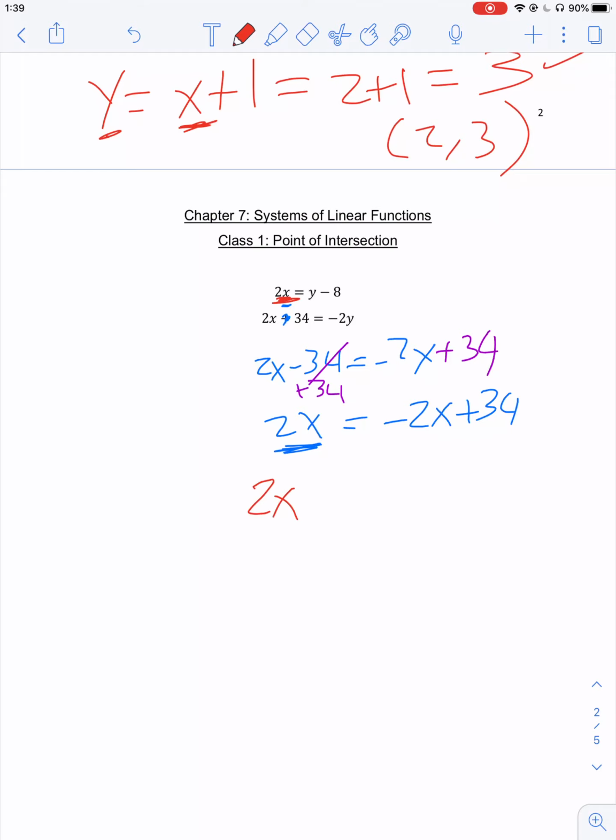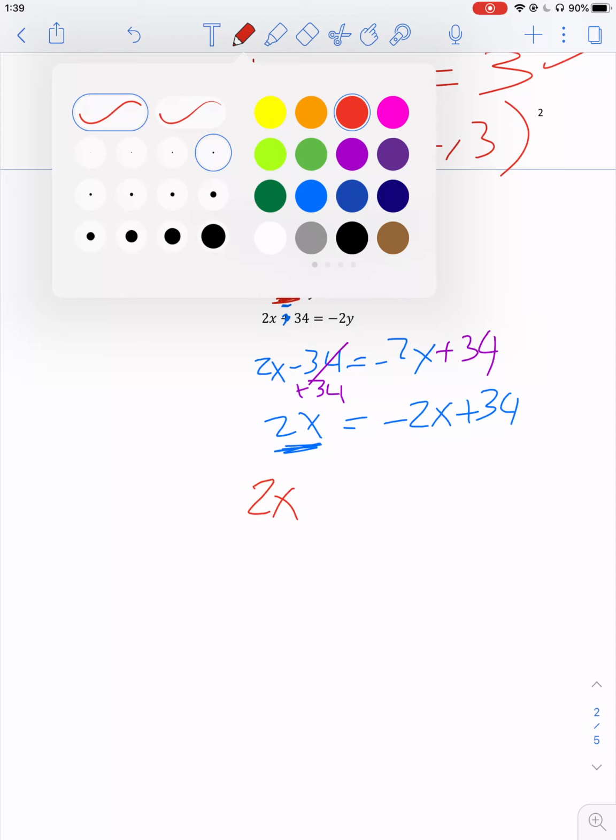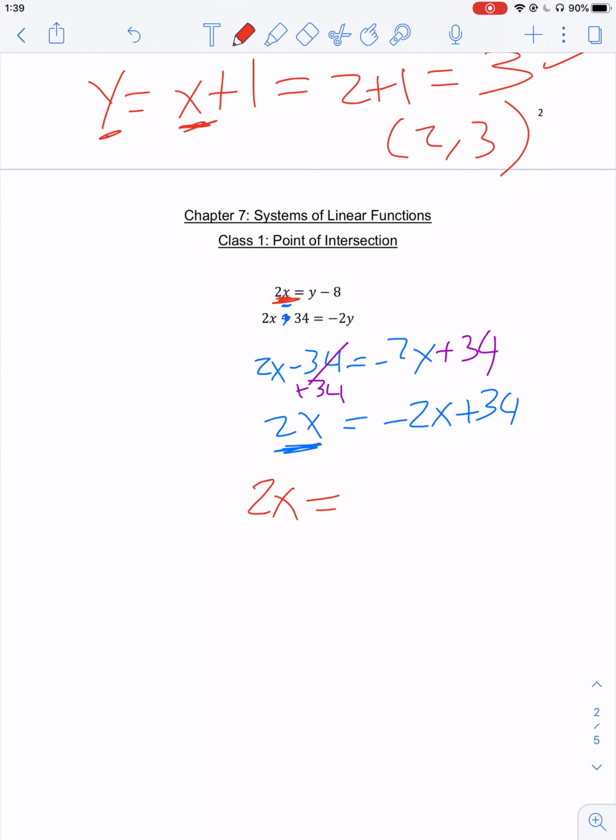So 2x is equal to 2x. But what is 2x equal to? My red 2x is actually equal to y minus 8. So I'm going to replace this red 2x by y minus 8, and I'm going to replace the blue one by this.